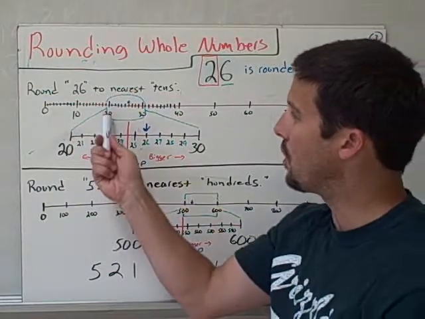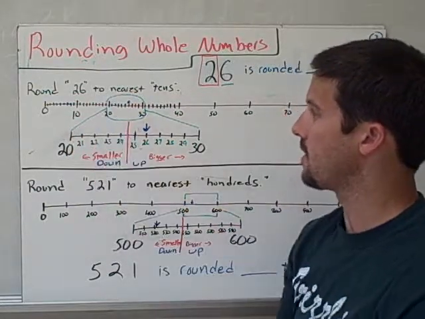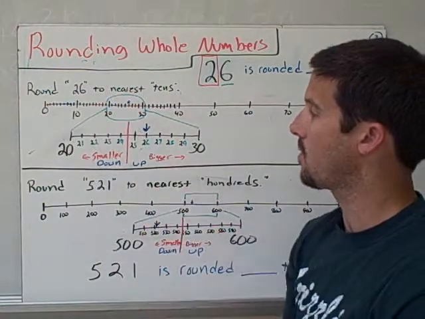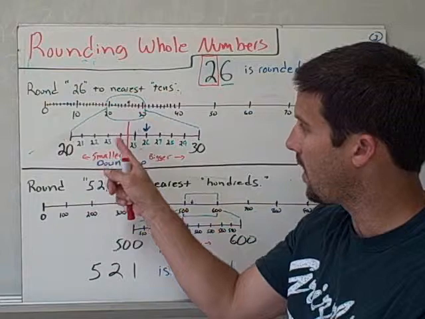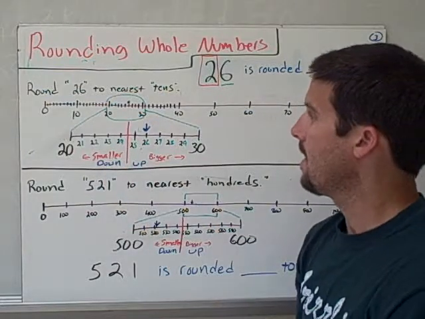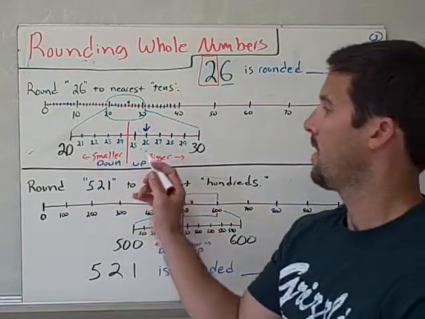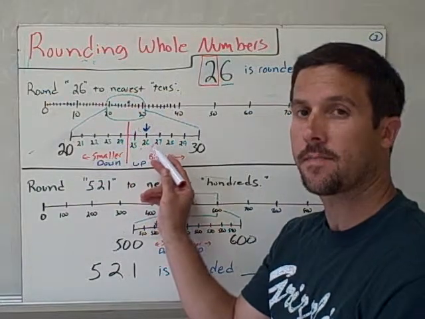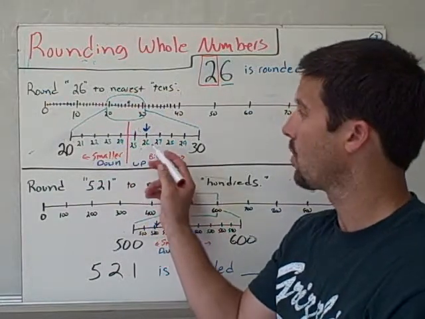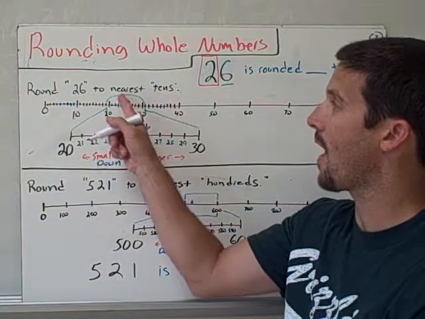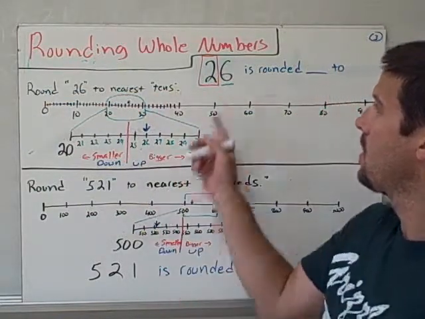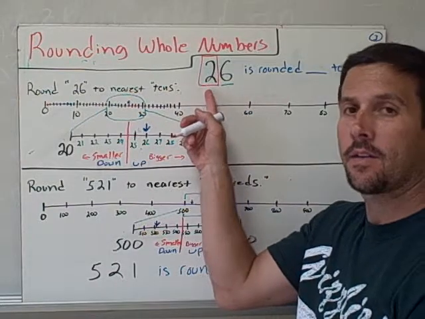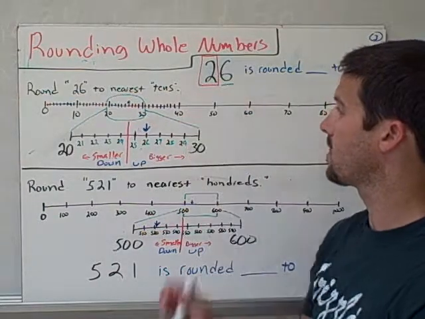So I'm going to really magnify in on this 20 through 30 because 26 falls right between 20 and 30. So now if I look here and I break down the number line, I see that the number 26 has a ones place of 6. Okay, and we're looking at the ones place because we want to round to the nearest 10. So we may change this or we may not, but let's look.